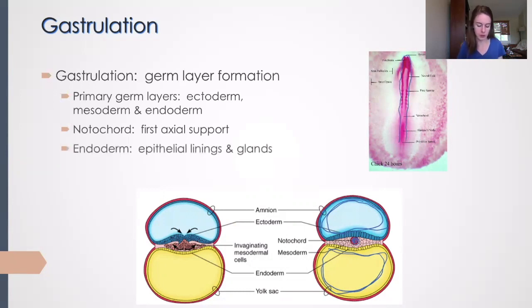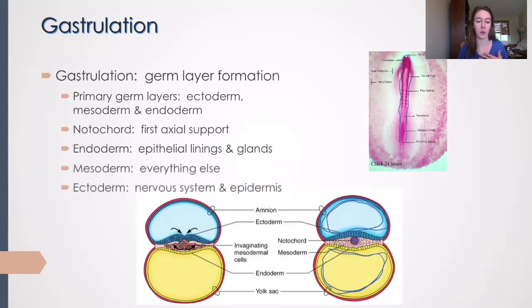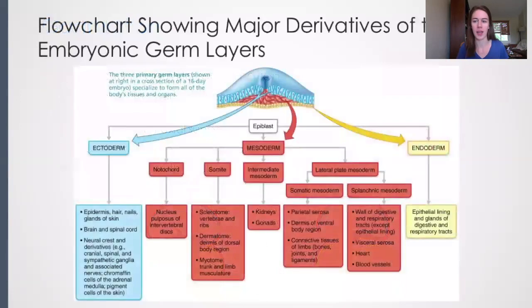And then the endoderm is going to become the epithelial lining, so the inside of your gut. The ectoderm will become your nervous system and your epidermis, so the outside, your skin, and then the nervous system as well, while the mesoderm produces everything in between.